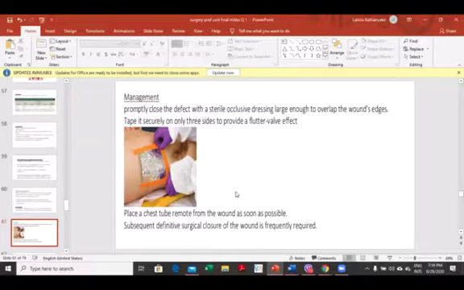You have to apply a sterile occlusive dressing like a Vaseline dressing. Vaseline dressing means it's not a porous one. Then you have to insert a chest tube remote from the wound as soon as possible. Subsequent definitive surgical closure of the wound is frequently required.